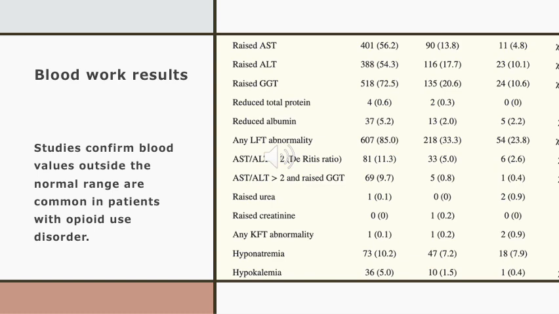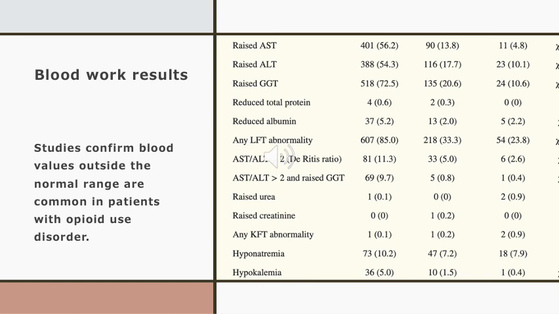This is a part of a long study which shows how opioid use reflects in your blood. So blood work results. Studies confirm blood values outside the normal range are common in patients with opioid use disorder.